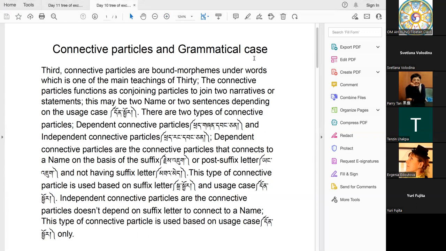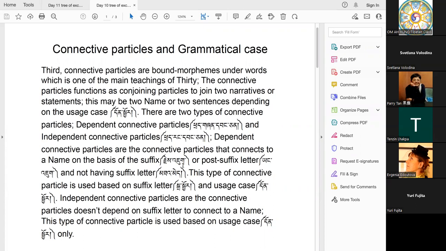So let's say gyak pe kala se mi tup. Tokong kya e kala se mito.